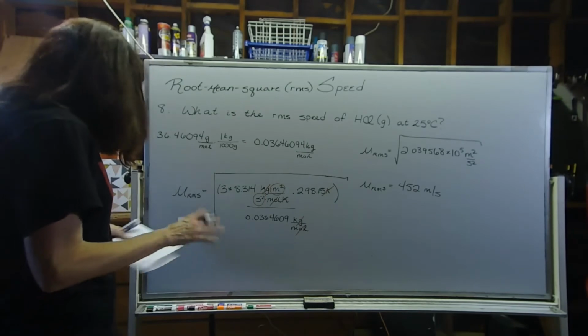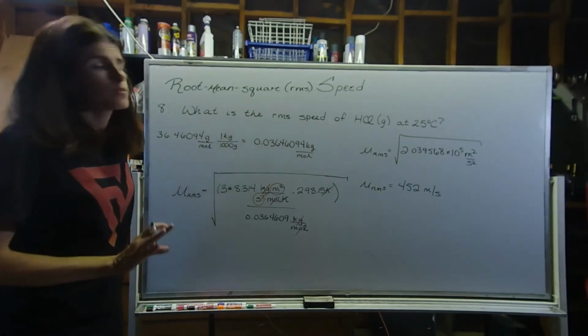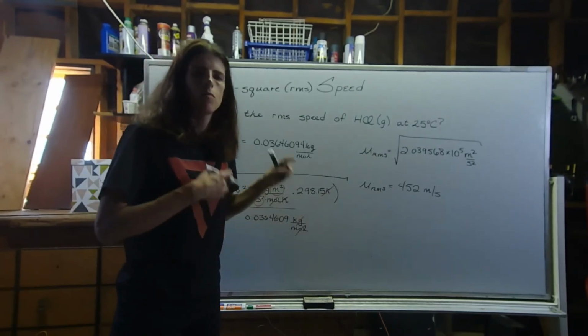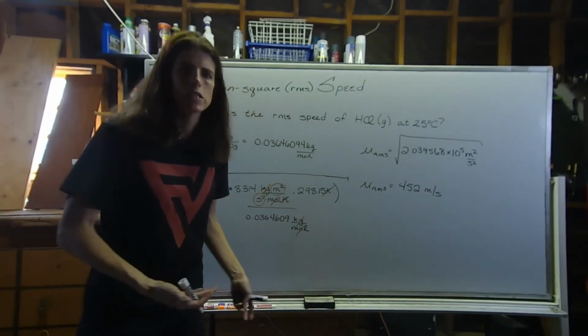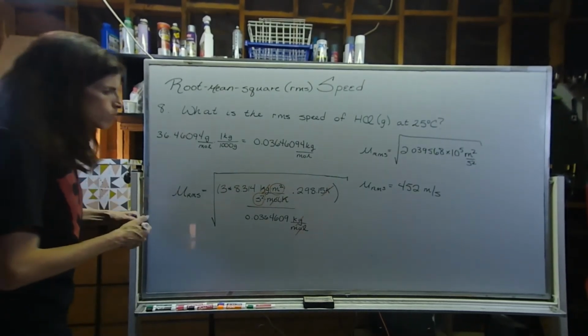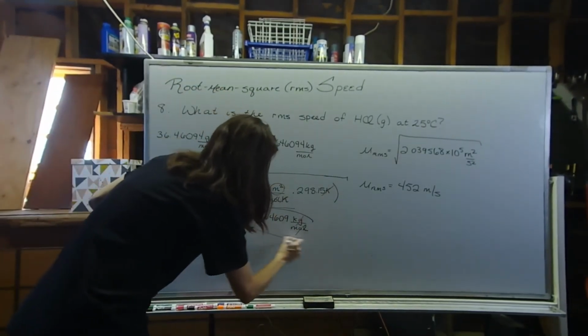So now would be a good time to very briefly discuss the relationship between root mean square speed, RMS speed, and molar mass. So the molar mass always goes on the bottom, right?